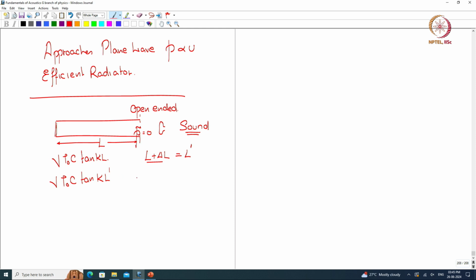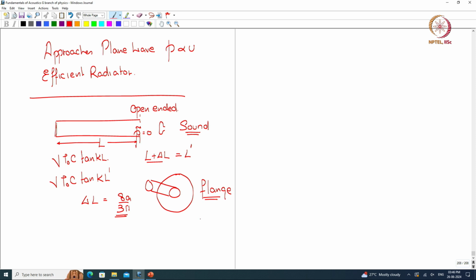Okay. Now, this delta L is 8A by 3 pi if the pipe is flanged. Okay. What do you mean by pipe is flanged? I have a pipe, the end of the pipe, and the pipe is placed in a wall. This is a flange. Okay, that is the correction you need to get correct values of resonances.